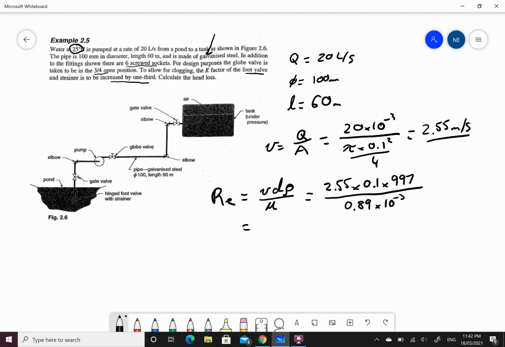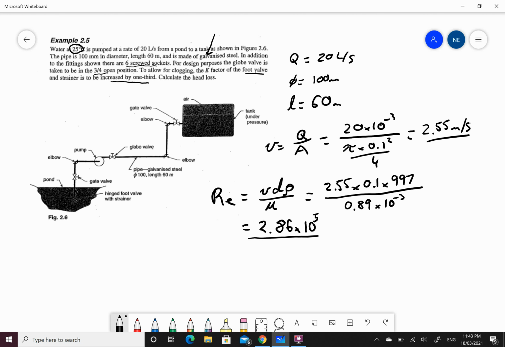We have 2.86 by 10 to the power of 5. Alright, so that's what we have. So I got my Reynolds number.